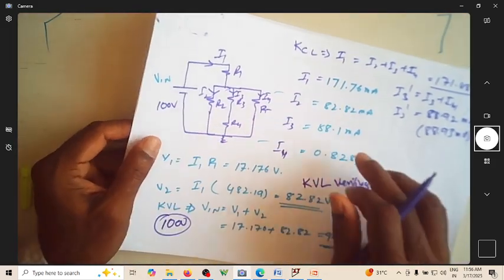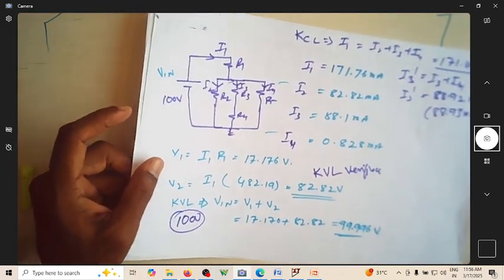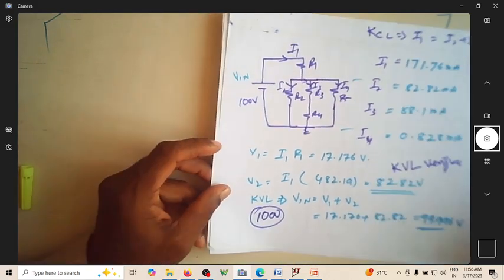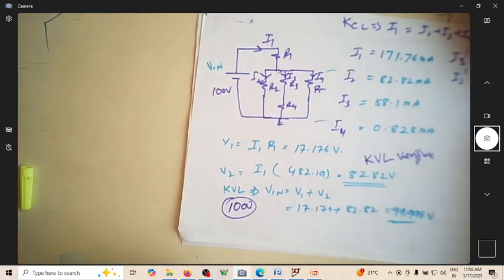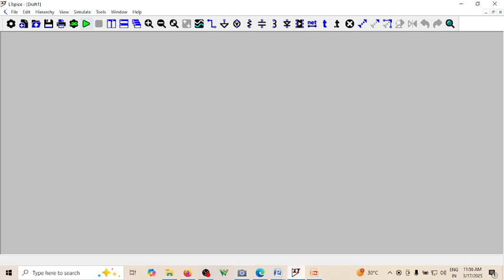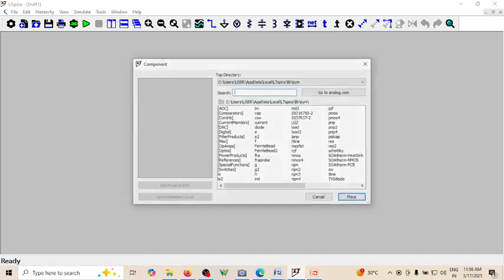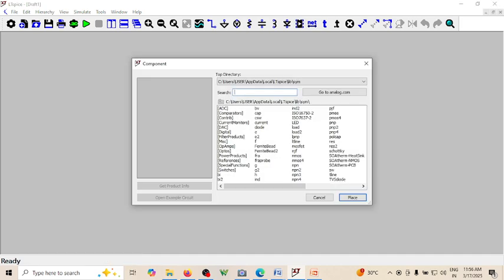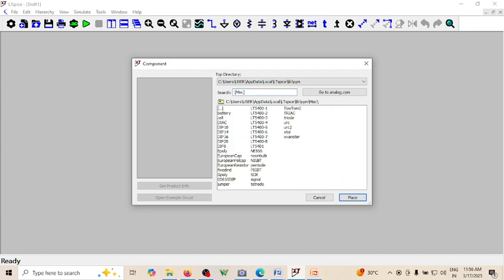So let us do the simulation and try to verify the values. Okay, let me do that. Let me rig up the circuit. So I need to have a battery. Battery is there in this miscellaneous. Just click on this battery.